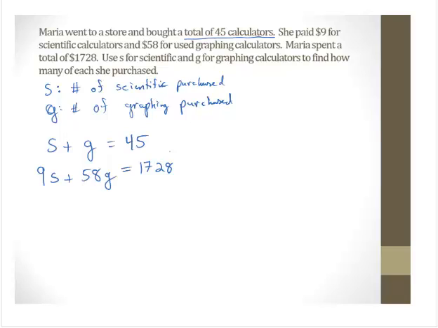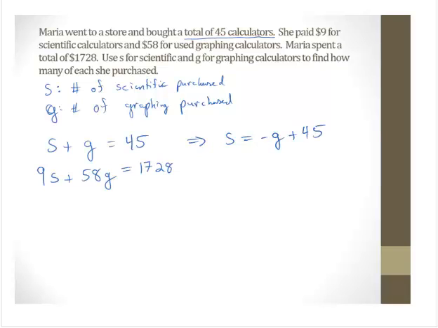We can use an elimination or a substitution. It doesn't really matter. I'm going to use a substitution. I'm going to solve the first equation for S. So then S is equal to negative G plus 45.